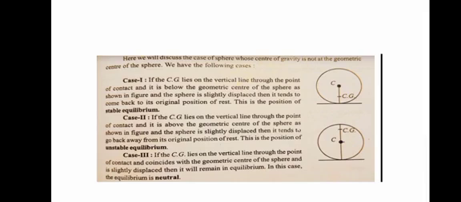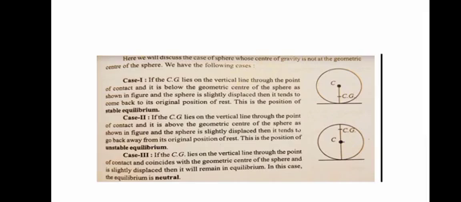This is the position of stable equilibrium. Case 2. If the CG lies on the vertical line through the point of contact and it is above the geometric center of the sphere, and the sphere is slightly disturbed, then it tends to go away from its original position of rest. This is the position of unstable equilibrium.